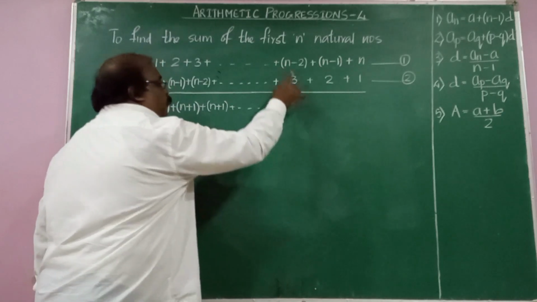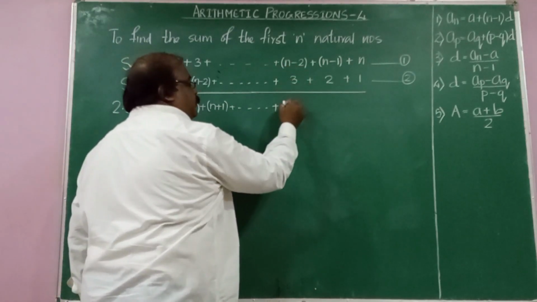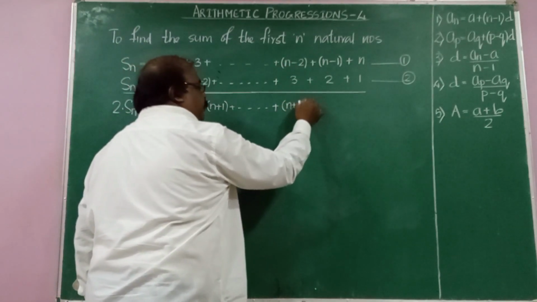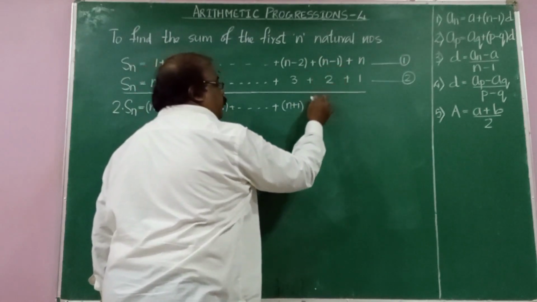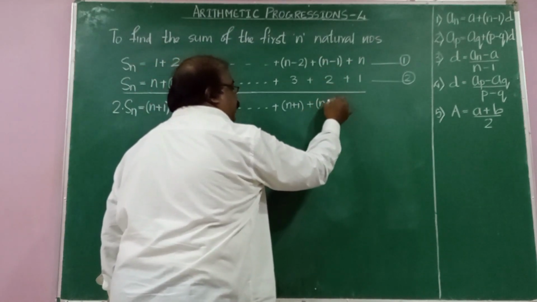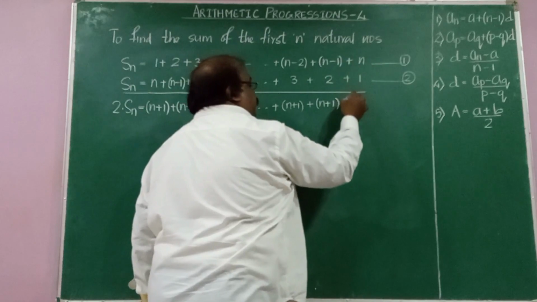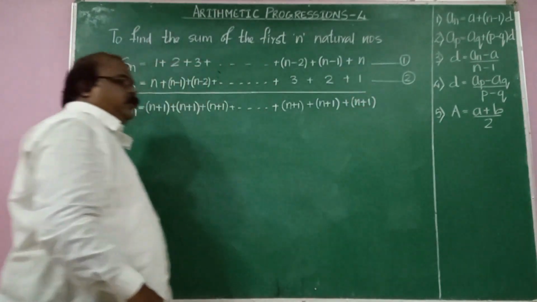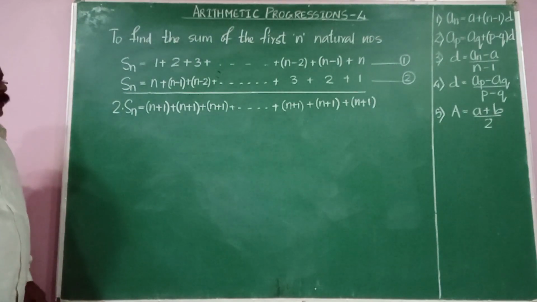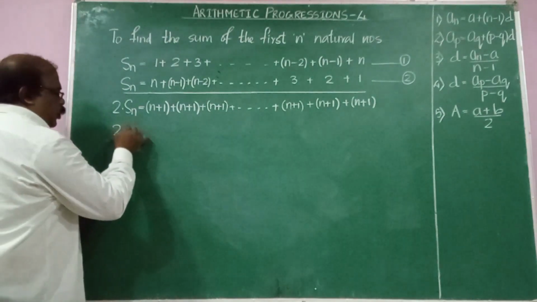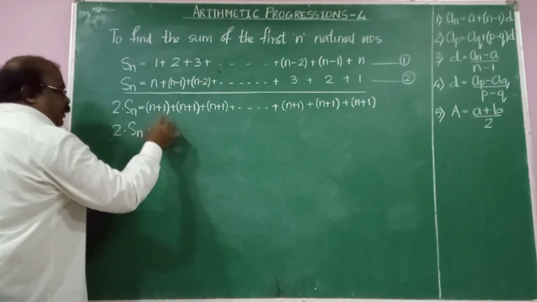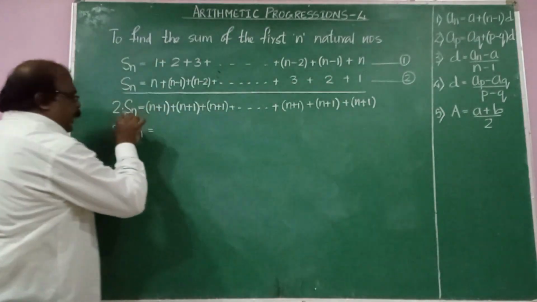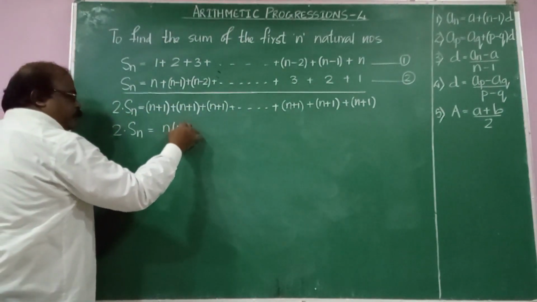This goes on, and once again I get n plus 1. The last term is again n plus 1. Now I have got n plus 1, n number of times.